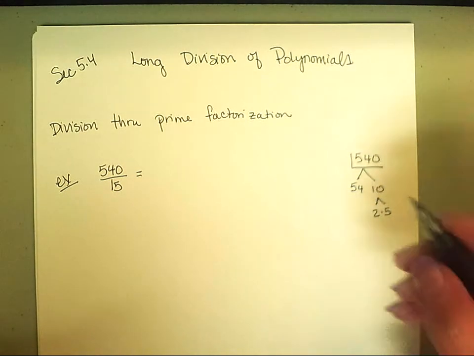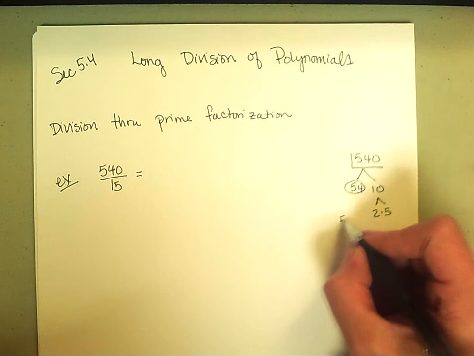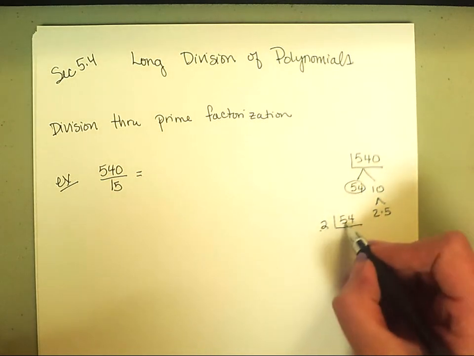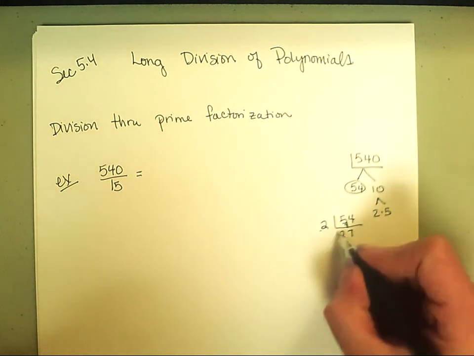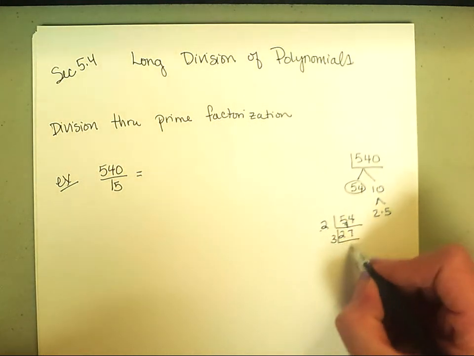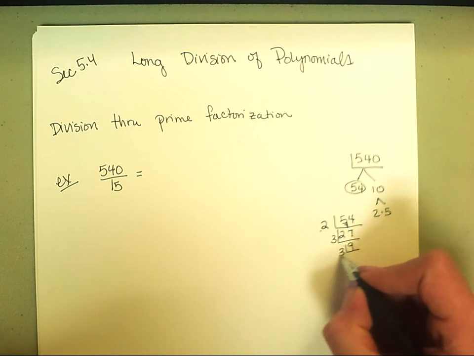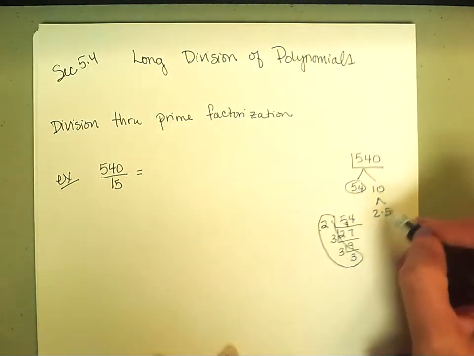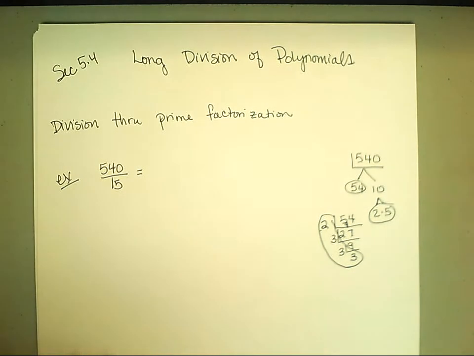Now with 54, let's pull that out. 2 goes into 5 2 times with a remainder of 1. Then 2 goes into 14 7 times. Then 3 goes into 27 9. And 3 and 3. So all of these make up this prime factorization.